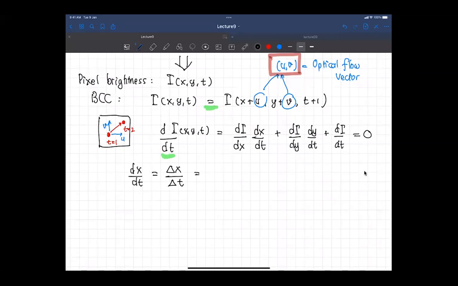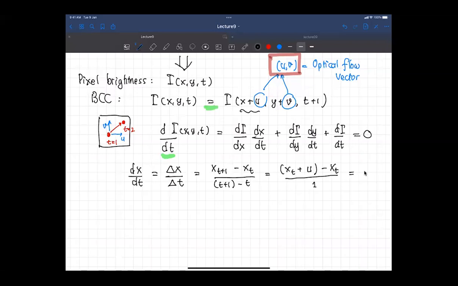And delta t means t plus 1, the next frame, minus t. And x at t plus 1 is x at t plus u, by our previous definition, because we have the u direction, minus x at t, divided by 1.